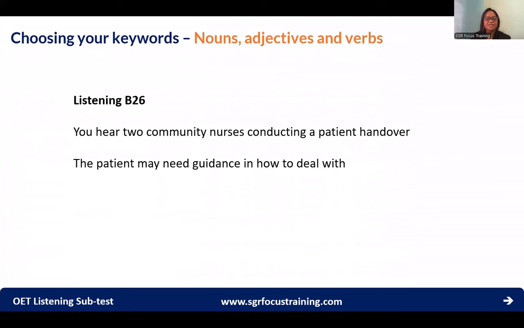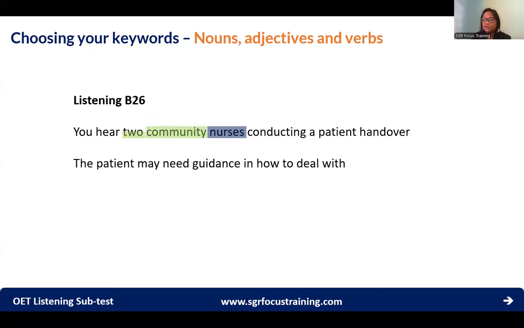So in listening, question number 26, we are going to hear two community nurses conducting a patient handover. Now, what you will notice here is that we have a plural noun, nurses. That tells you that our two speakers are both nurses.